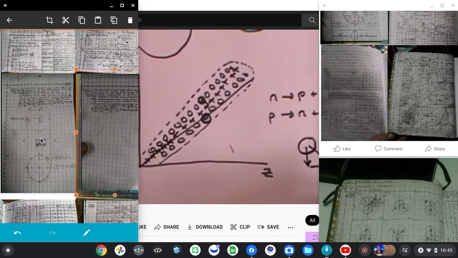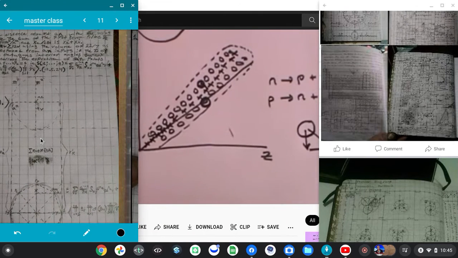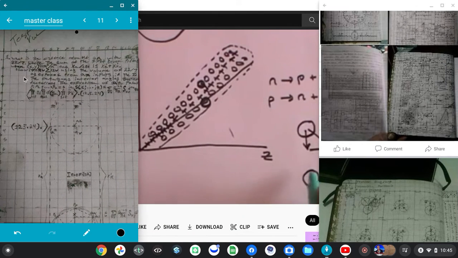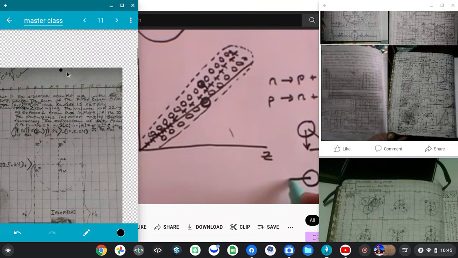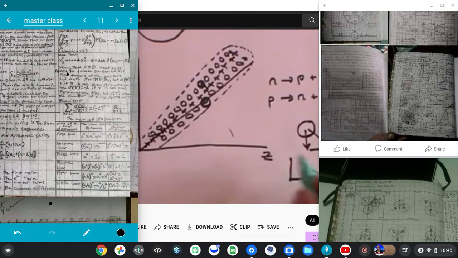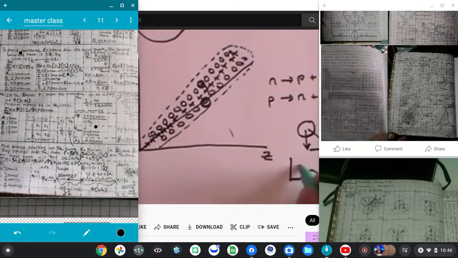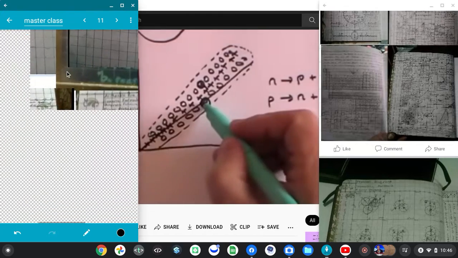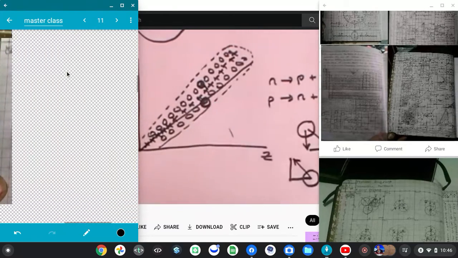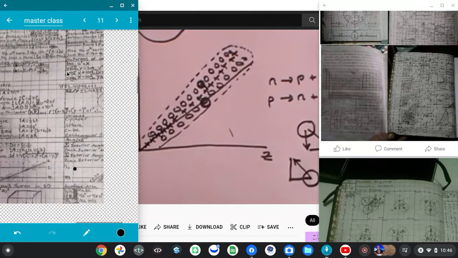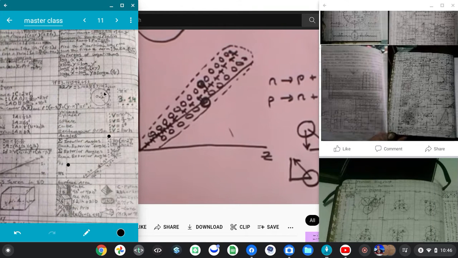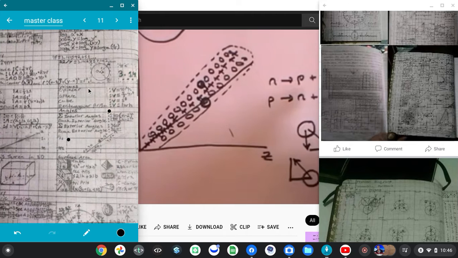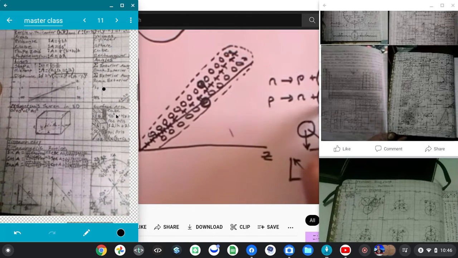So essentially, your pattern will be to decrease the number of protons by 1, increase the number of neutrons by 1, so you're moving diagonally in this direction onto the line of stability. In both cases, you are changing either a neutron to a proton or a proton to a neutron, and you emit either electrons or positrons.